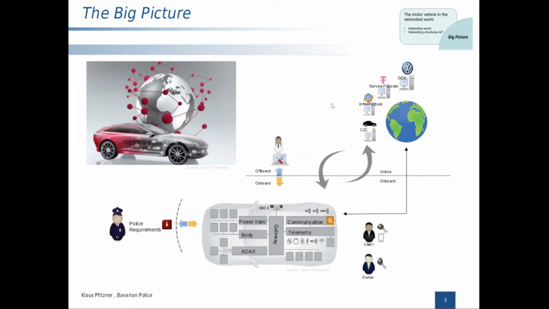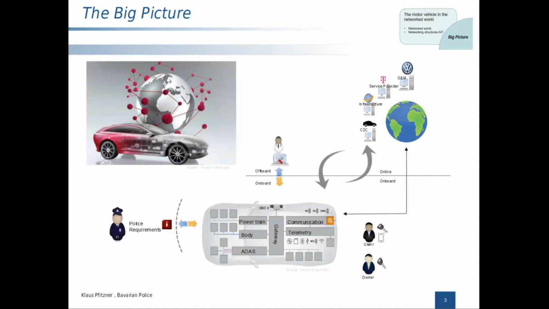The police requirements perspective extends to essential characteristics of police work. At first, the preventive action. The second, repressive measures, forensic measures, and traffic police considerations. It is important to define and process these requirements as use cases.